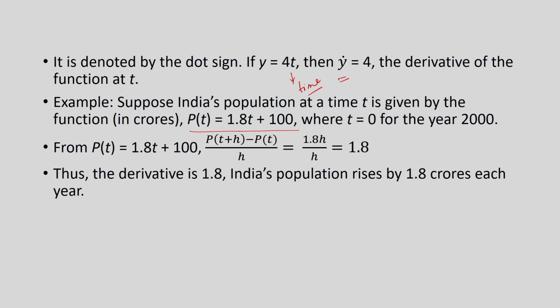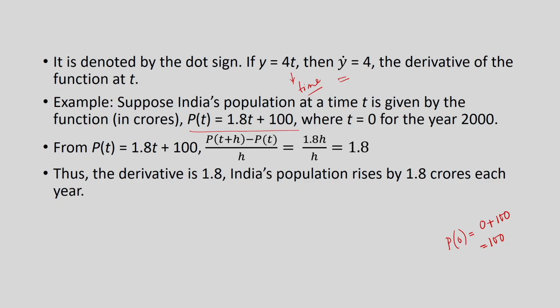Okay. So, this is called the origin. So, if you put t is equal to 0, then from this function what do you get? You get P(0) is equal to 0 plus 100, which is 100. So, in the year 2000, the population was 100 crore, which is actually not off the mark. India's population was around 100 crore in the year 2000.